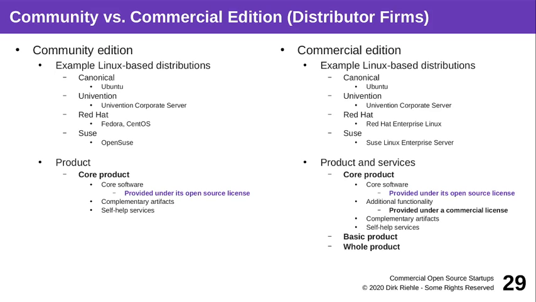And for distributor firms, we also usually have a distinction or separation of a community edition from a commercial edition. You don't always need that community edition because you can argue people can use existing distributions. There are always some, like Debian in the case of Linux.